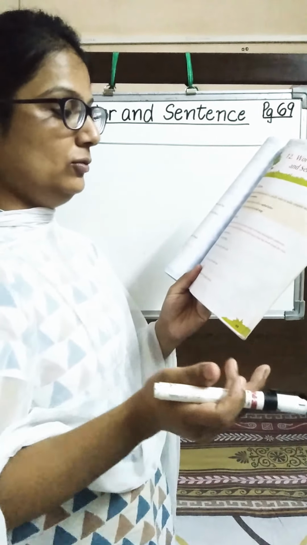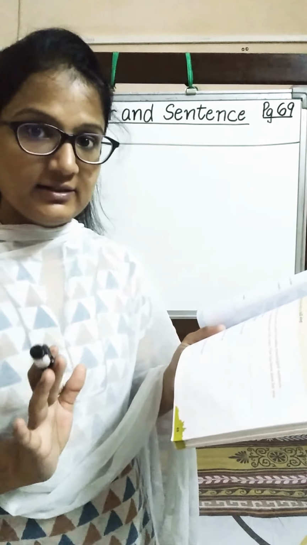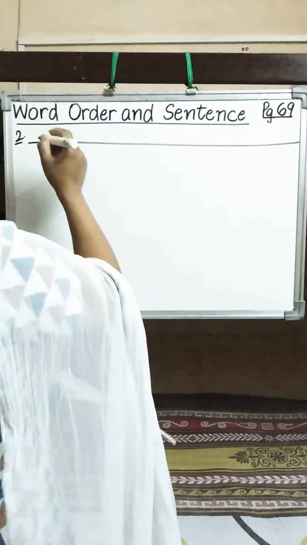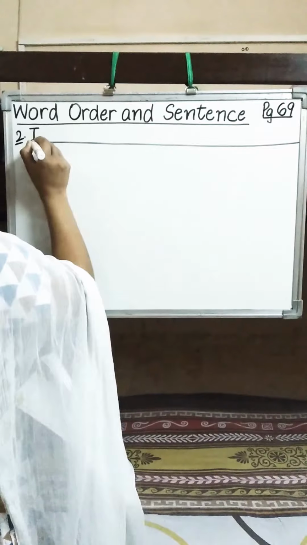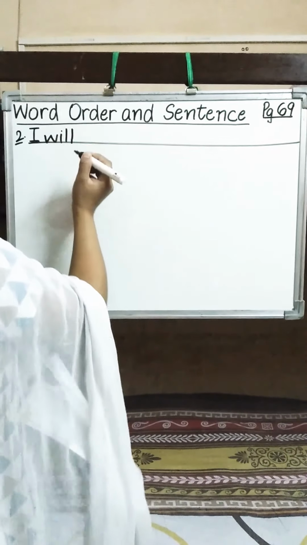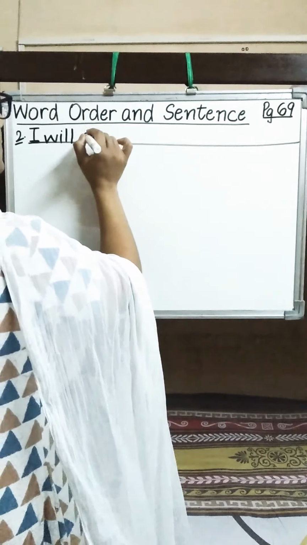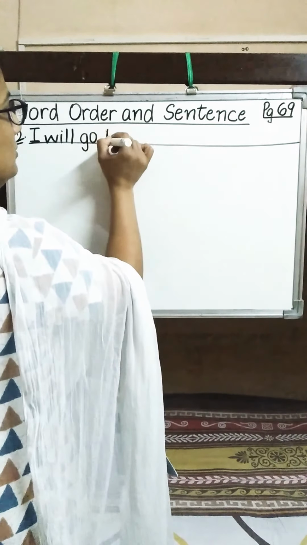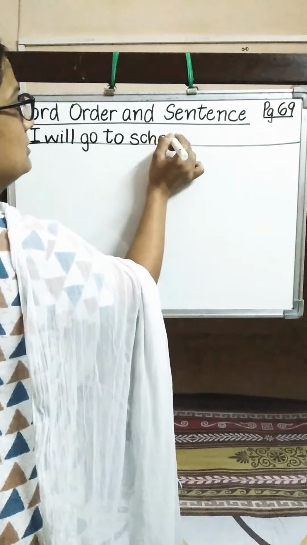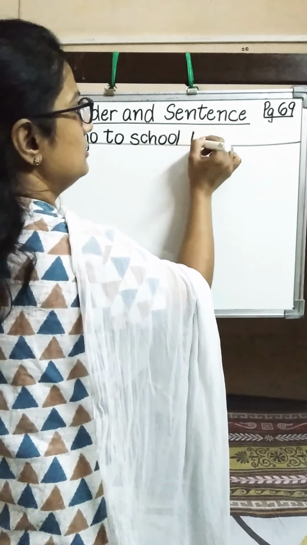The second example that is there is "to tomorrow go I school will." Now it is not making any sense. How will you rearrange the words? "I," and a sentence will always begin with a capital letter. "I will go to school tomorrow."